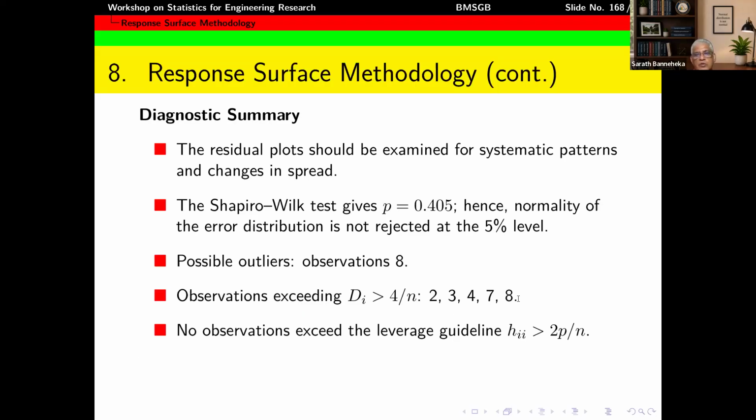There were 5 of those. As I mentioned, I'm just going to keep them at this point. No observations exceeded the leverage guideline h greater than 2p over n. All of the leverage values are okay.